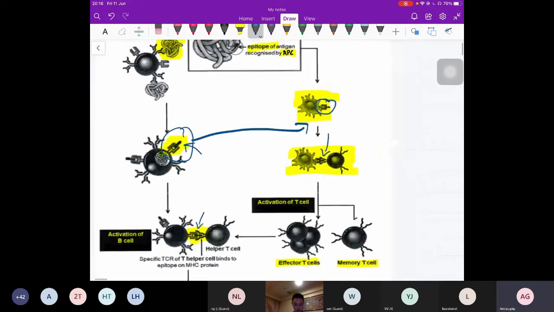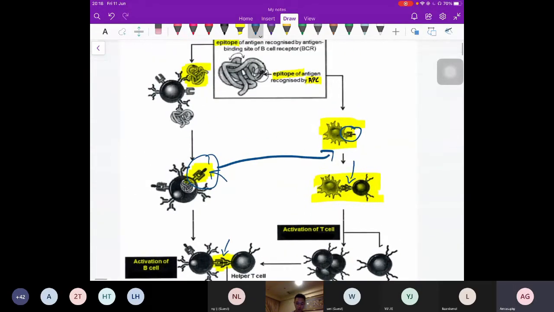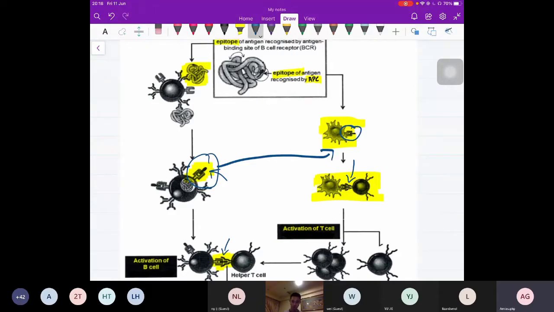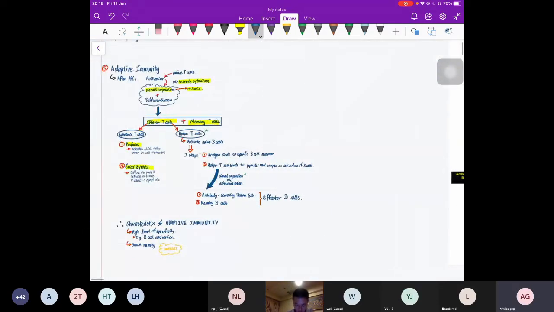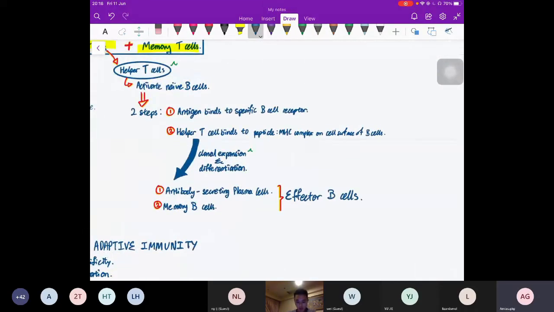So I repeat, naive B cells are activated in two steps. The first step is when the epitope gets recognized by the specific B cell receptor on your naive B cell. Let me just show you this part, then it'll be easier. So the first step is where your antigen binds to the specific B cell receptor. And then the second step is where your helper T cell binds the peptide MHC complex on the cell surface membrane of your naive B cells.